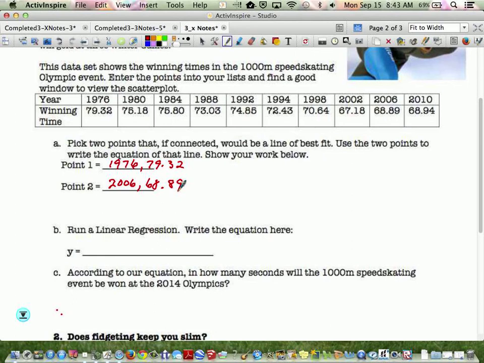So what do I have to do to find my line of best fit? First, calculate the slope. Take your y values, your times, subtract them, then subtract your years.